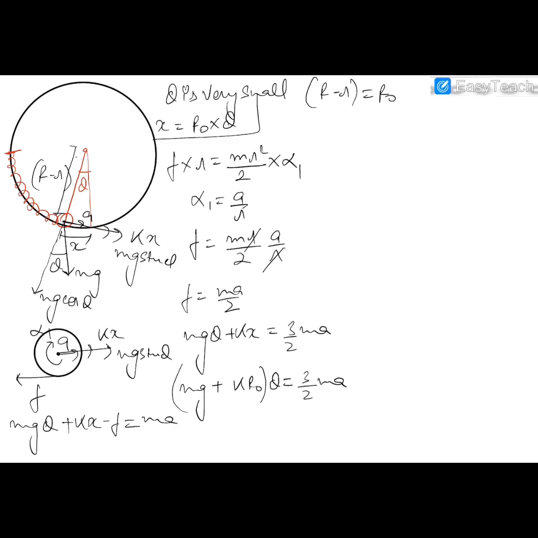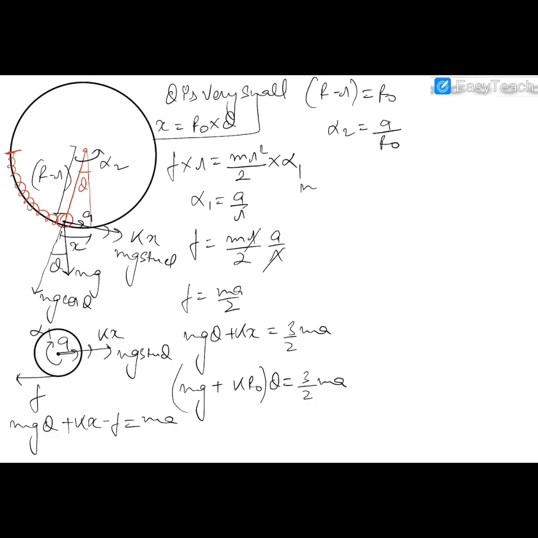Now let us suppose the angular acceleration of the disc center about the center of the ring is alpha 2. So we know that alpha 2 will be equal to a by R minus r, where R minus r is r naught. So we can substitute these values, and a is alpha 2 into r naught.